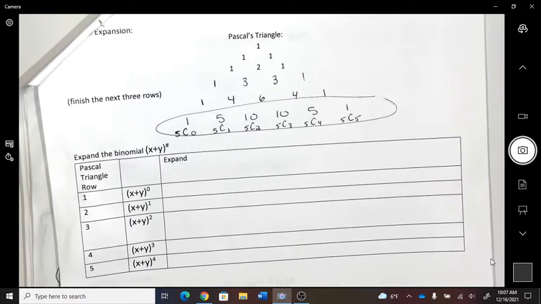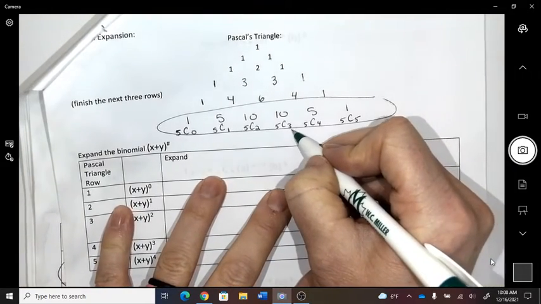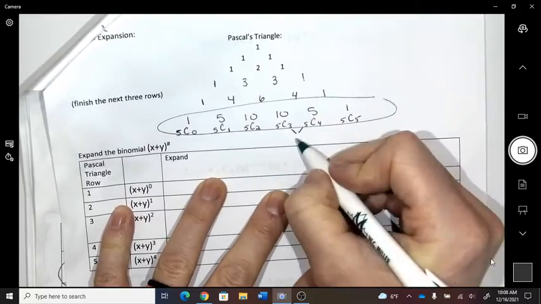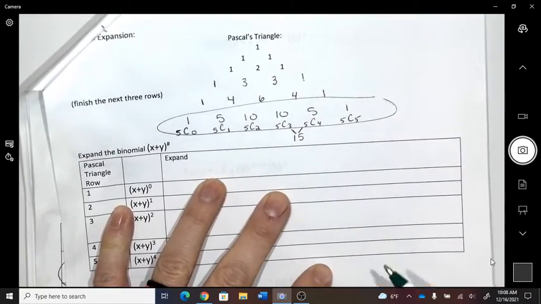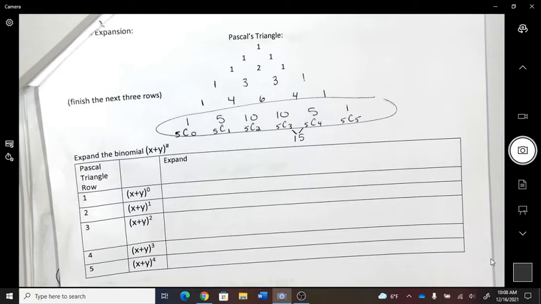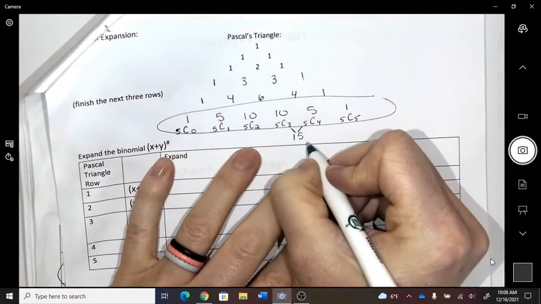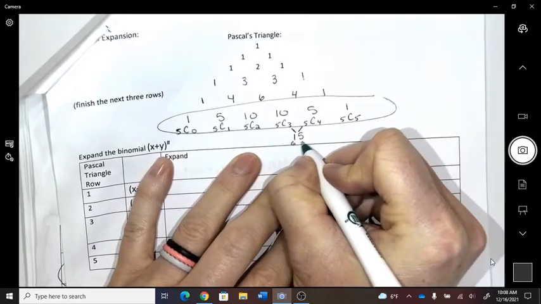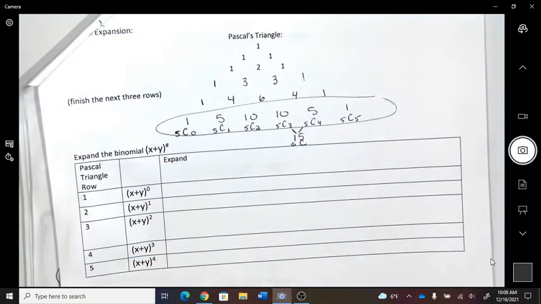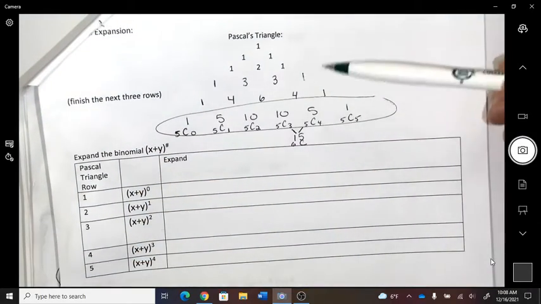Okay, so for instance, if we were to do the next row, it would have a 15 in that position. And in the next row, we would be doing 6 choose, because every row switches one up.